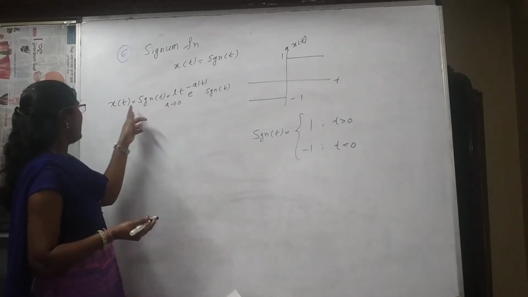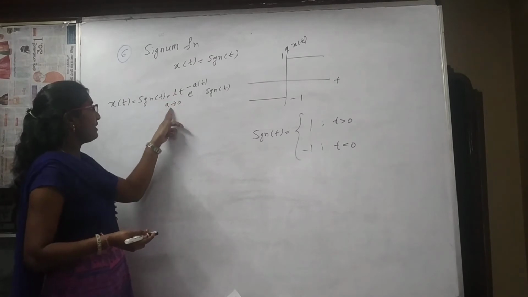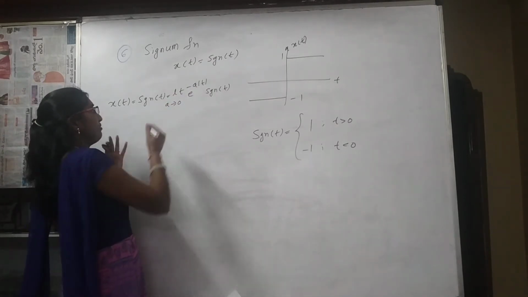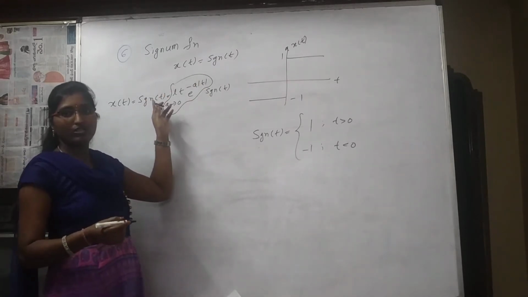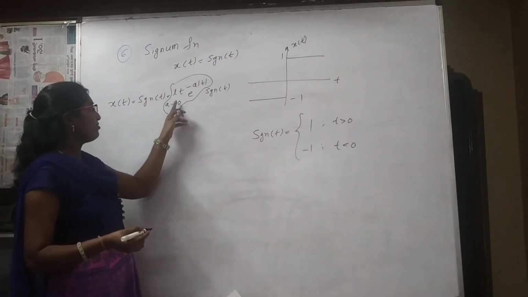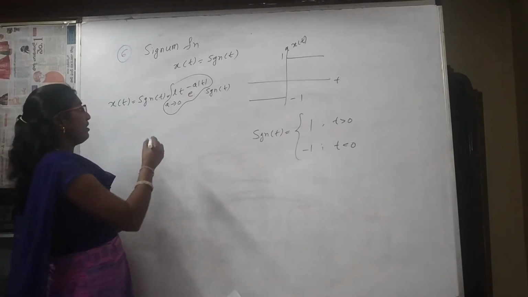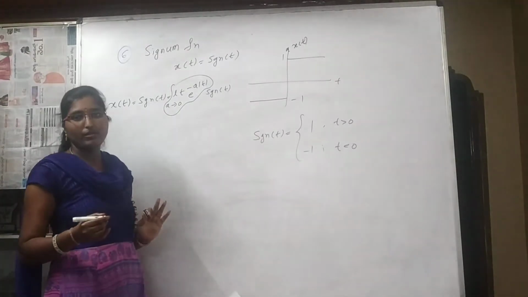Considering x of t is equal to signum of t, limit a tends to 0 e power minus a mod t and signum of t. Here I am making one extra arrangement which doesn't affect the original signum function. A tends to 0 means e power 0, again it is 1, signum only. Now for this function we will apply the Fourier transform.